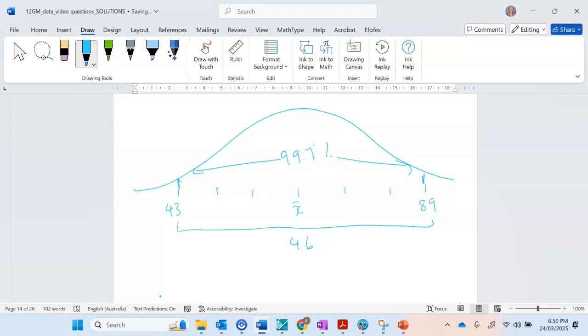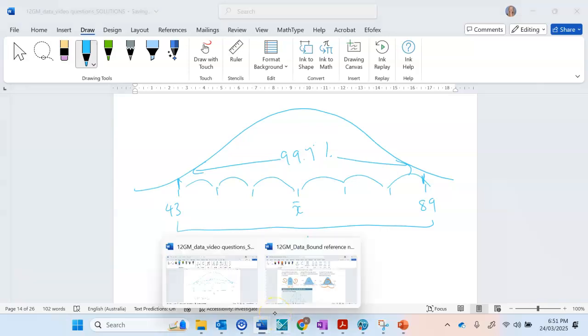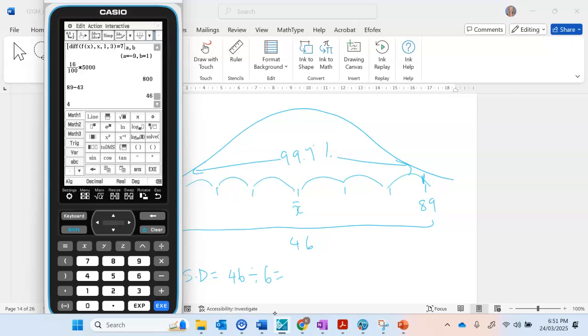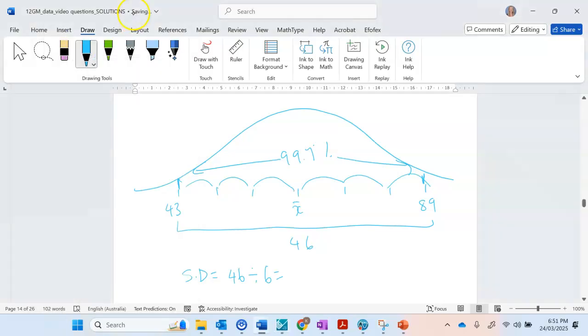So between that, we're going across 1, 2, 3, 4, 5, 6. So your standard deviation is going to be 46 divided by 6. Do that on the calc. So 46 divided by 6 is approximately 7.7.